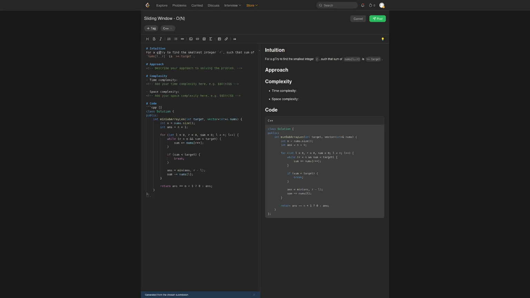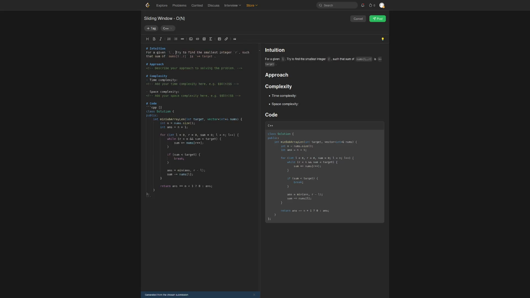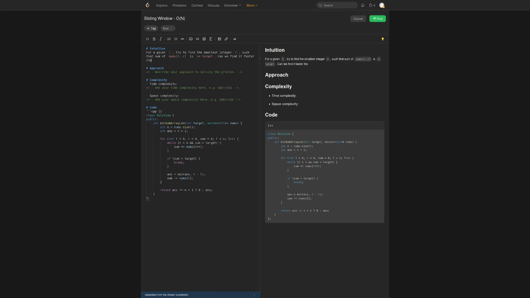So for a given L, try to find the smallest such R. Can we find it faster than in linear time?